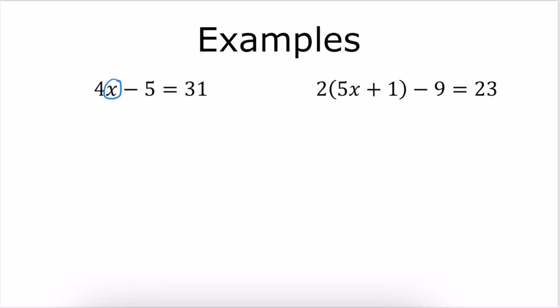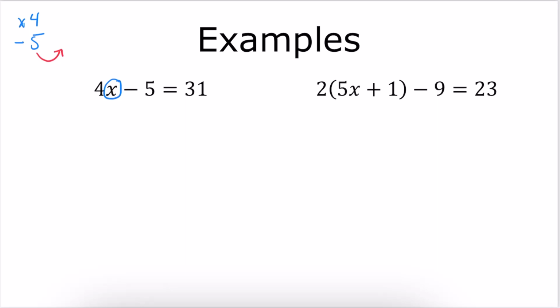And if I did know what x is, the order of operations would have me multiply by 4 and then subtract 5, because order of operations says I should multiply first and then subtract 5. And whatever x is, if I multiplied by 4 and subtracted 5, my equation tells me that that would equal 31. And so if I want to solve the equation, I'm going to undo these calculations and work backwards to figure out what x is.